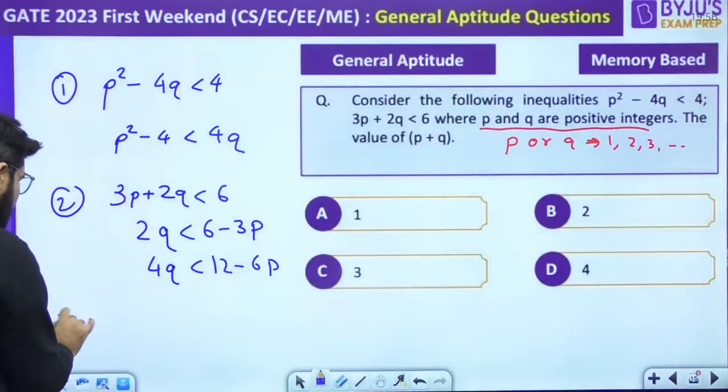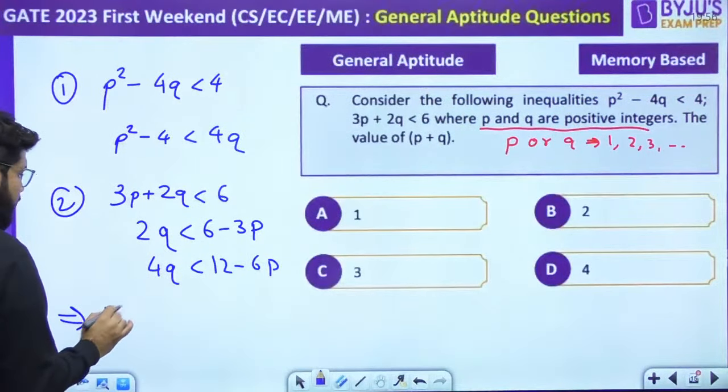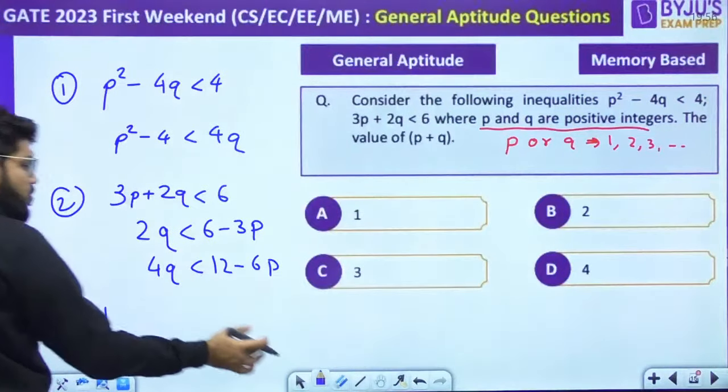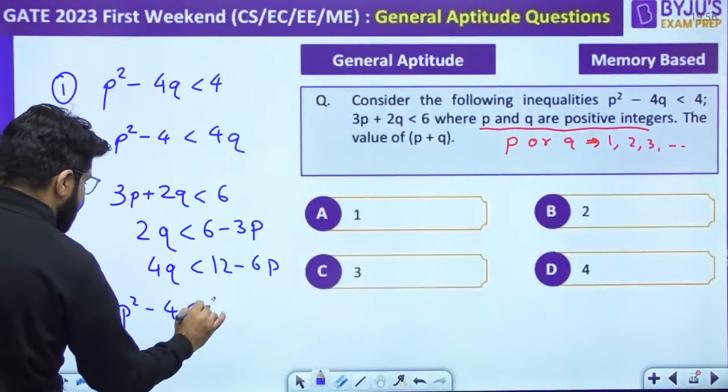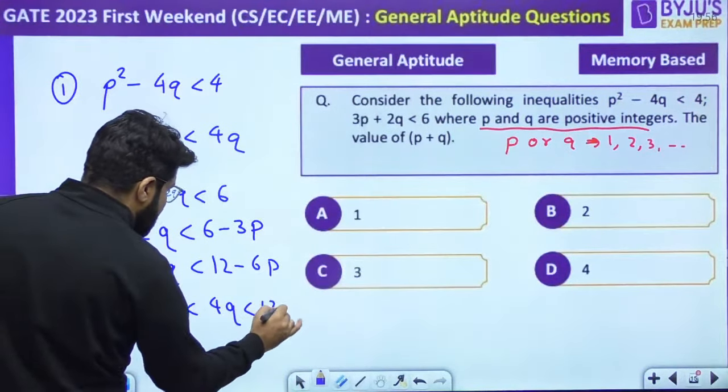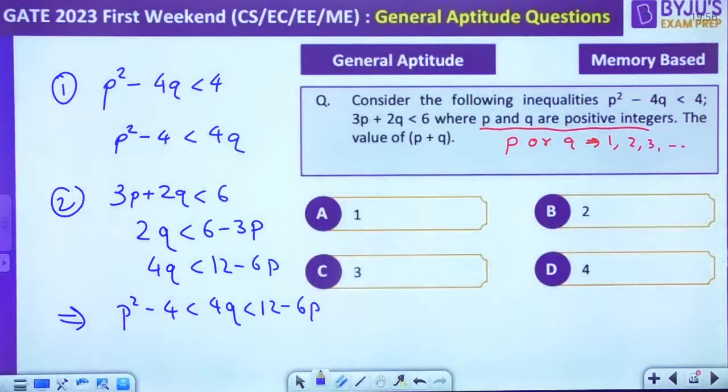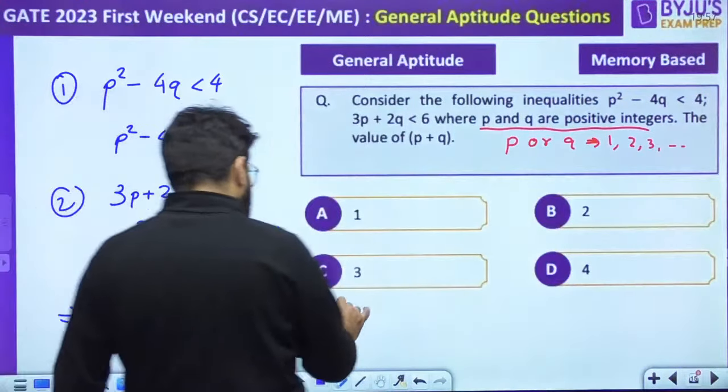Clear? So, combining all, starting from the first, P square minus 4 is less than 4Q, but 4Q is less than 12 minus 6P. So what is the total answer?